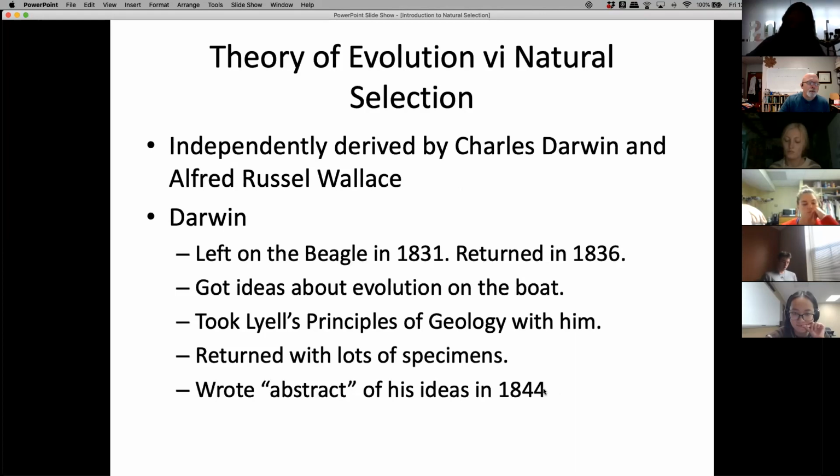It was about 180 pages by 1844, and he gave this to some friends of his. One of his friends that he gave it to was actually Charles Lyell, and the people who read it said, these are some good ideas, but you need to gather more information, more data, and flesh them out more. And so he held on to this manuscript and continued to amass data, amass observations over time.